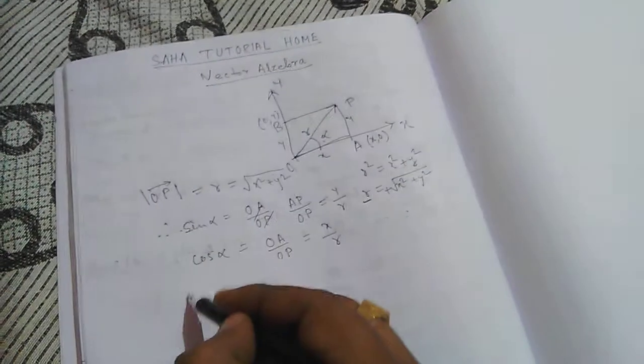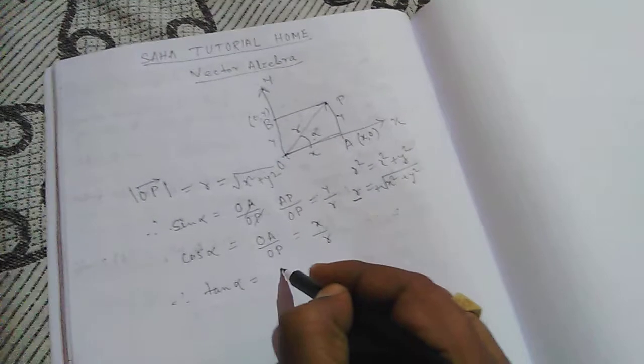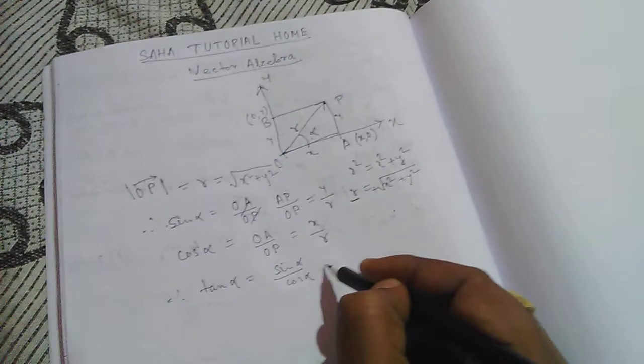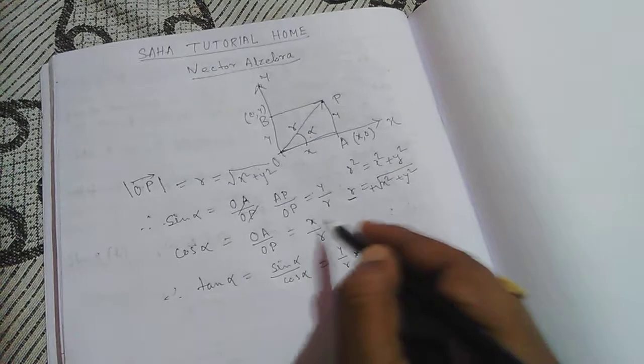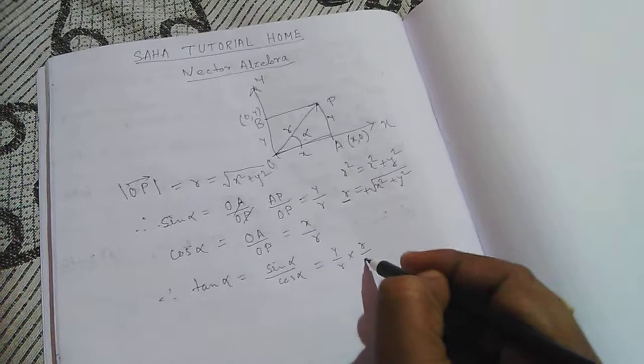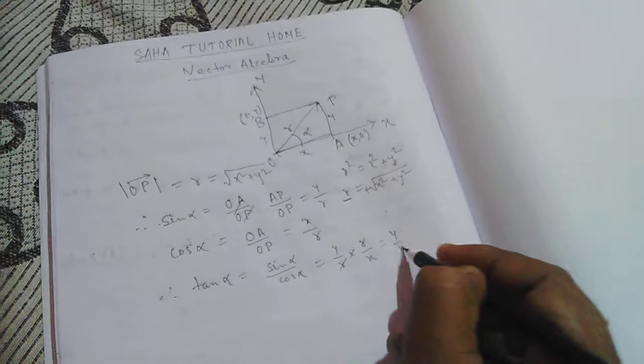Now tan of alpha will be the tangent value. Tan alpha is equal to sin alpha by cos alpha. So it will be y by R into its reverse, R by x. R cancels, so y by x.